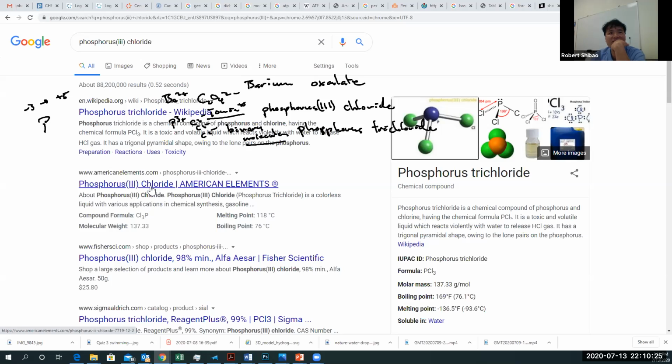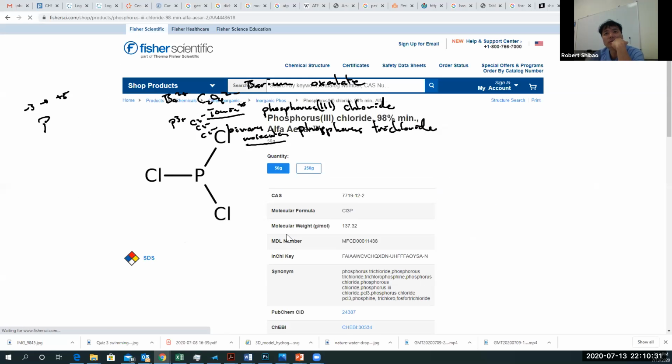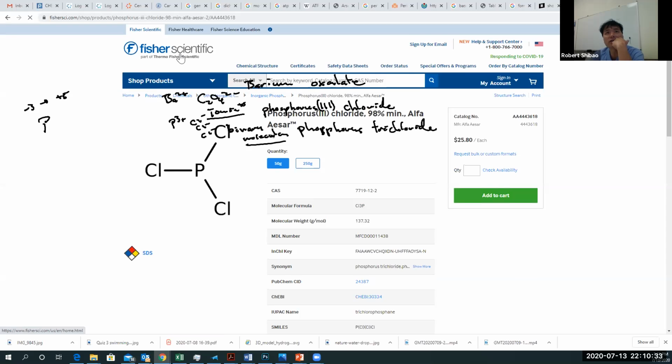Let's see if we order this chemical, what do they call it? So I go to Fisher Scientific and let's order a bottle of this. It's $25.80 for 50 grams. So this is phosphorus 3 chloride.